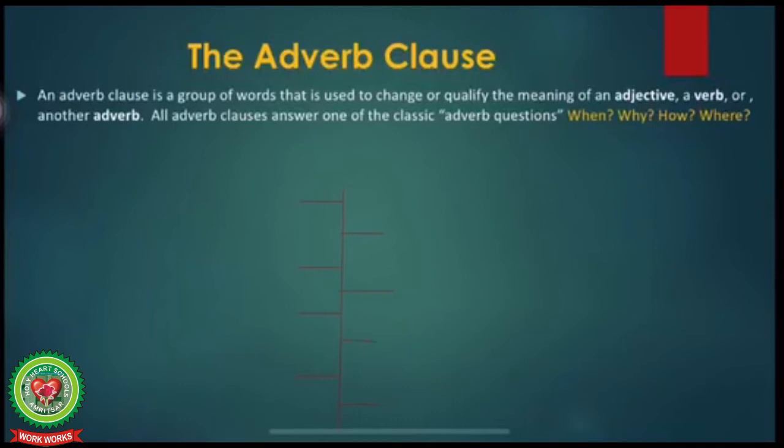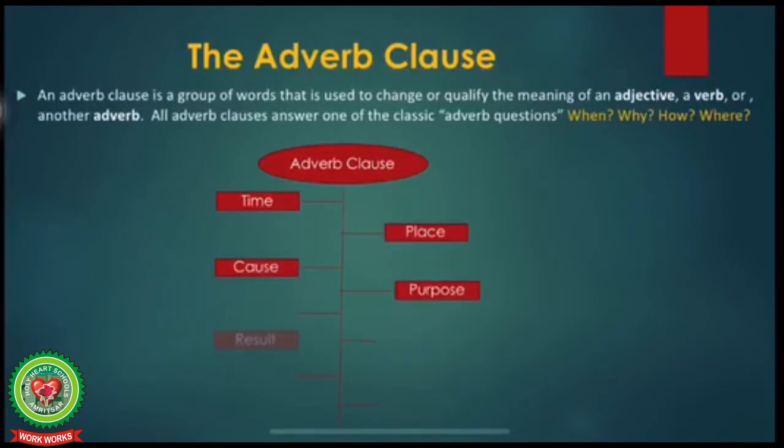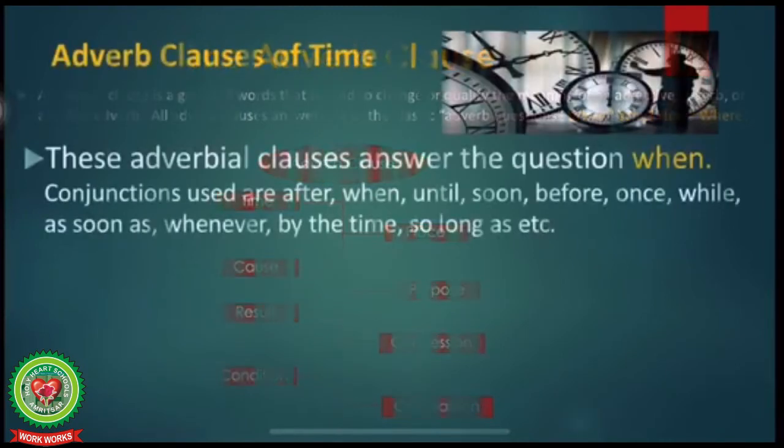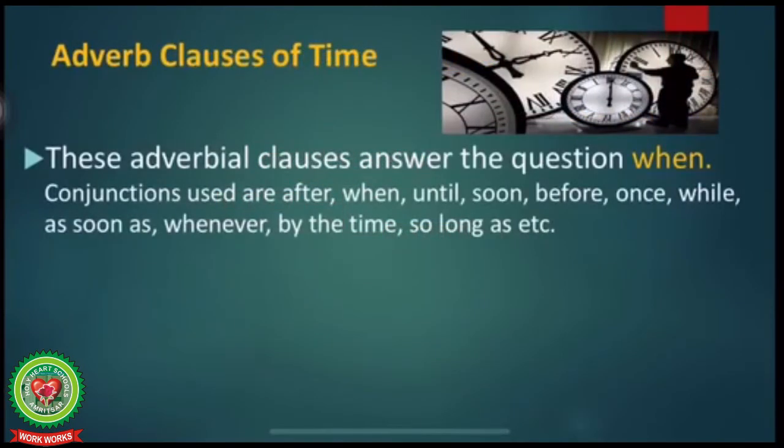Adverb clauses are of the following categories. Number one is time, then place, cause, purpose, result, concession, condition, and comparison. So number one on the list is adverb clauses of time.